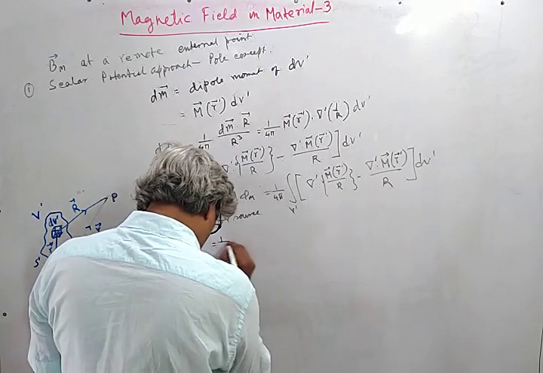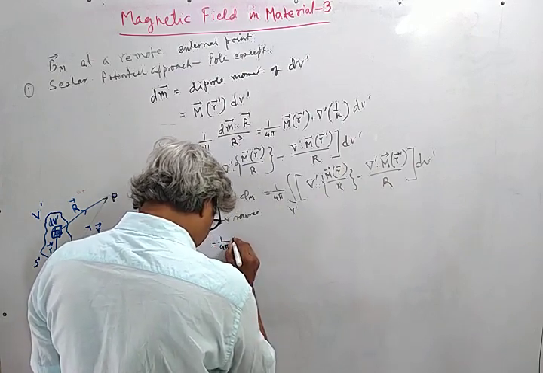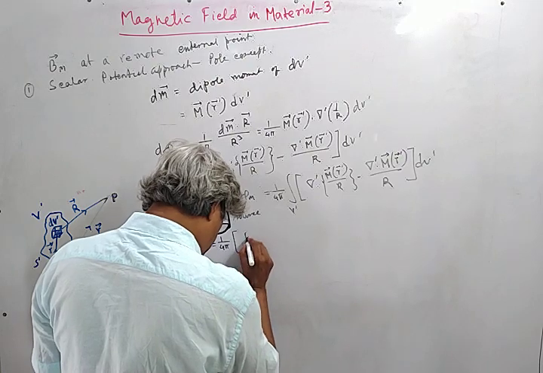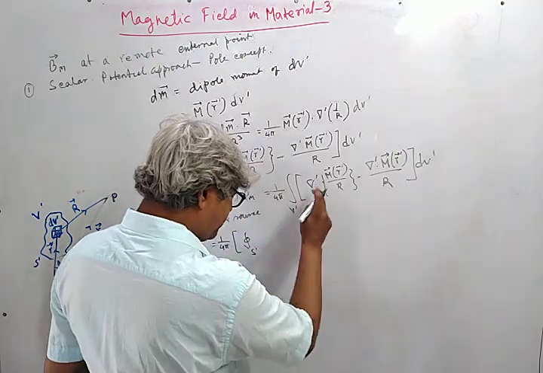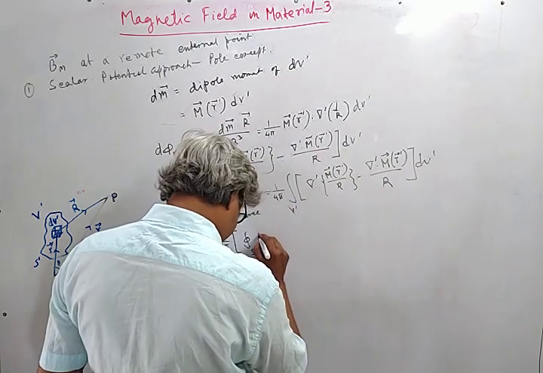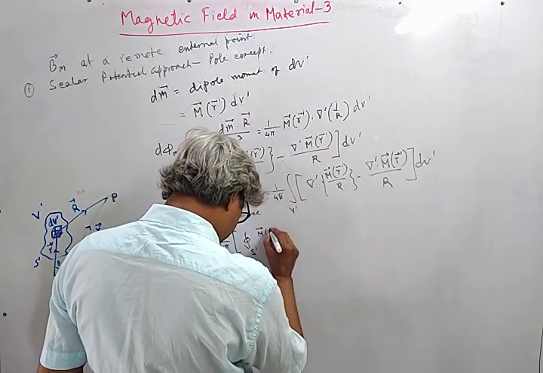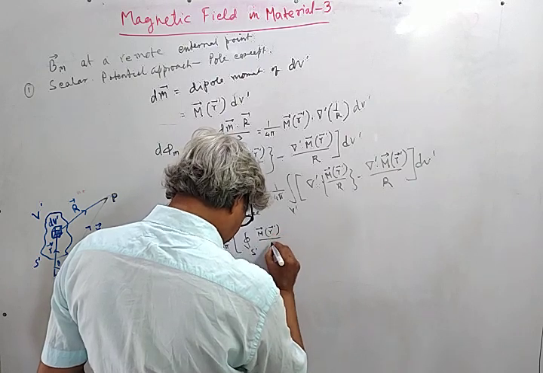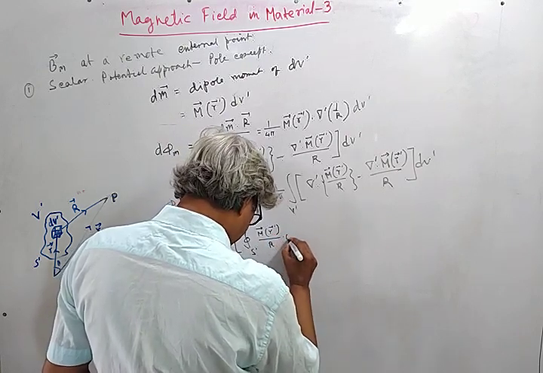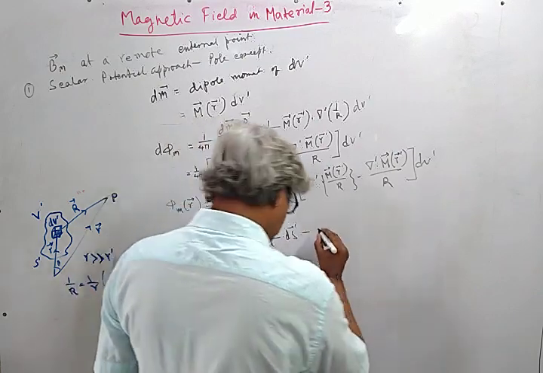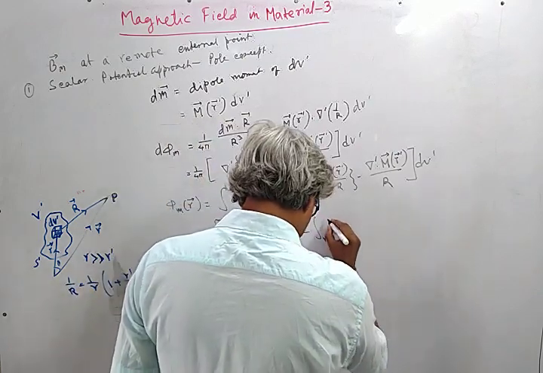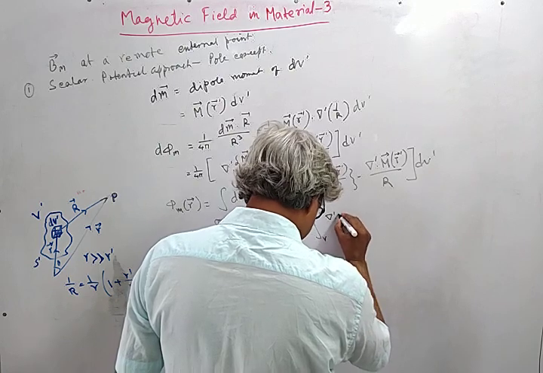So the result is 1 by 4 pi, where S prime is the closed surface bounding this. It is the usual volume integration.